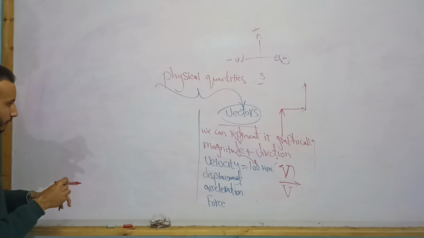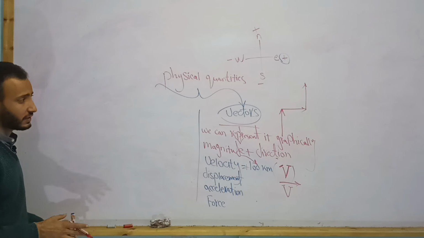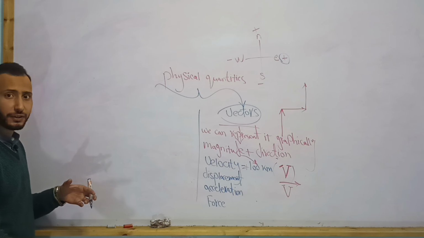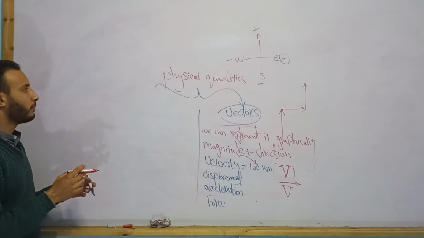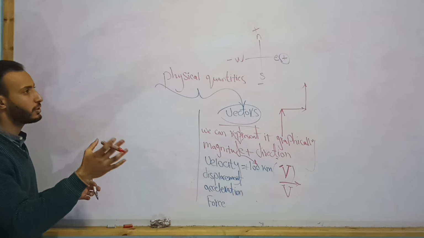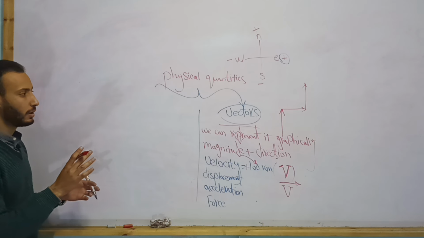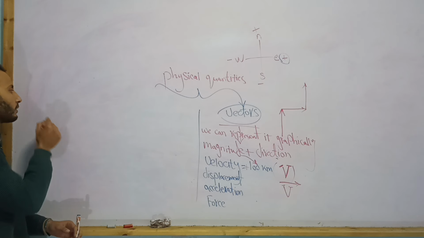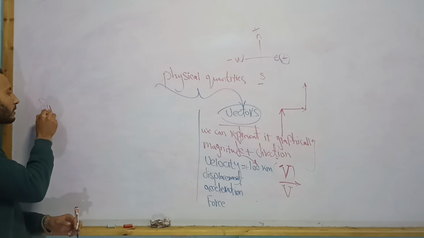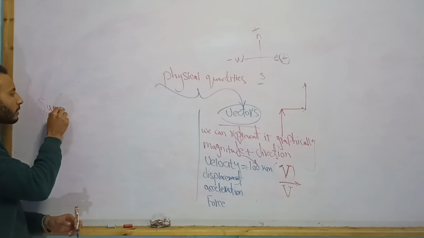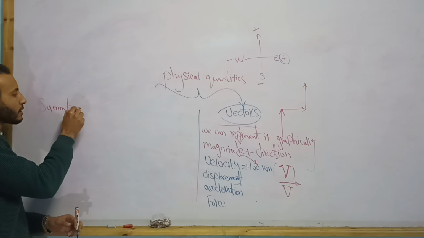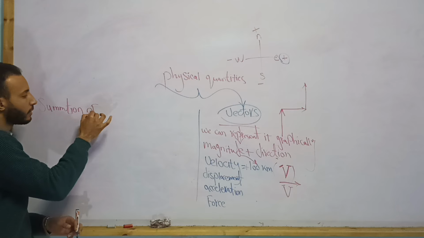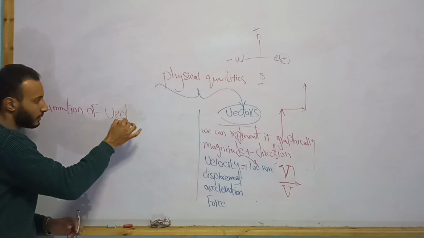Okay, so I just said, since you can represent the vector graphically, you can make a multiplication, a summation, a subtraction, a division for the vector. Let's start with the summation of vectors.